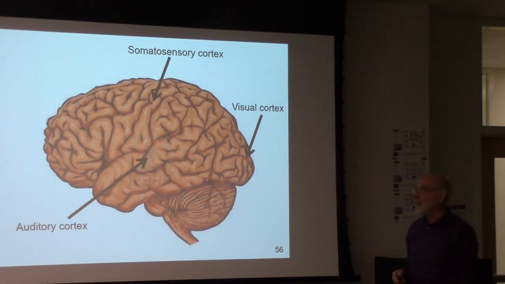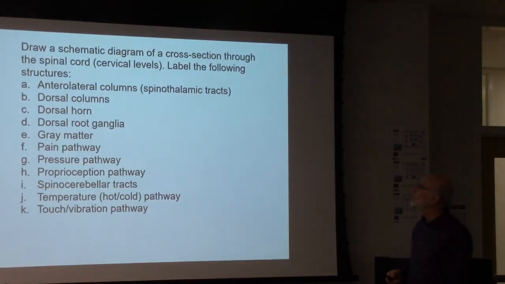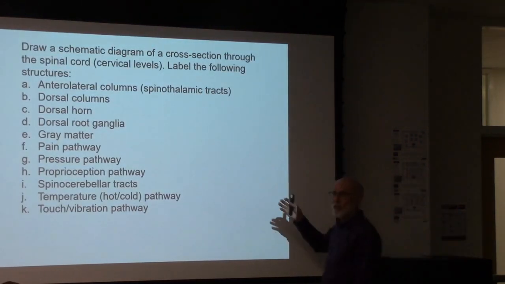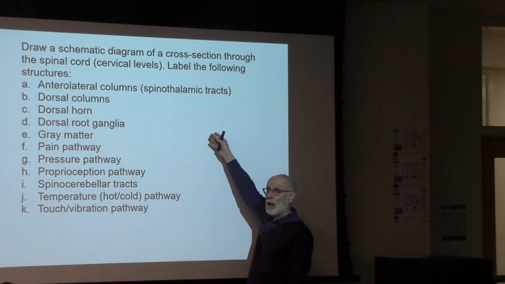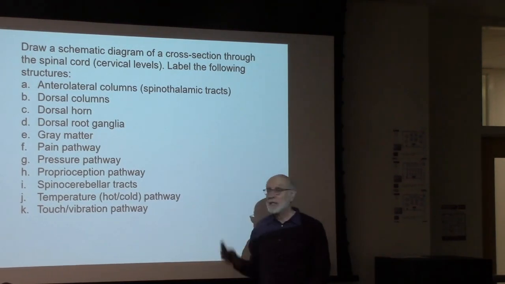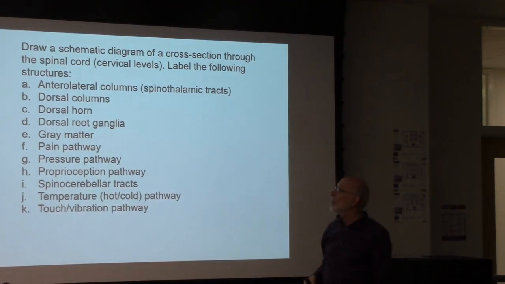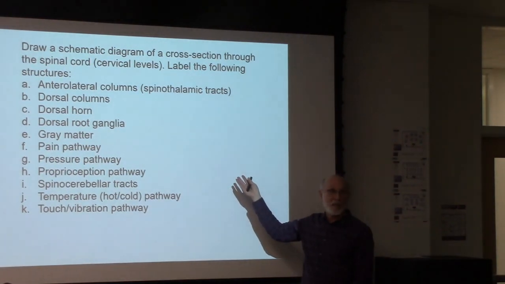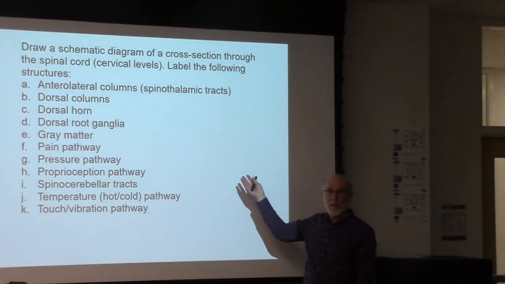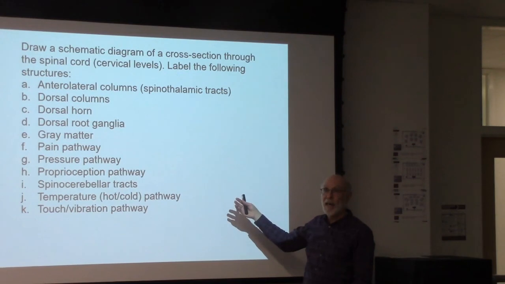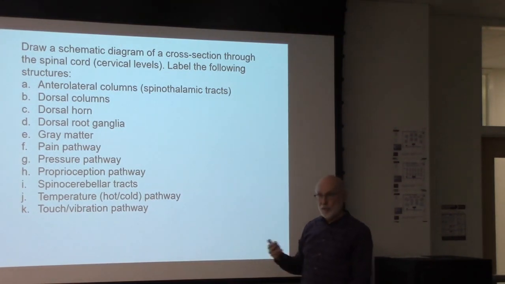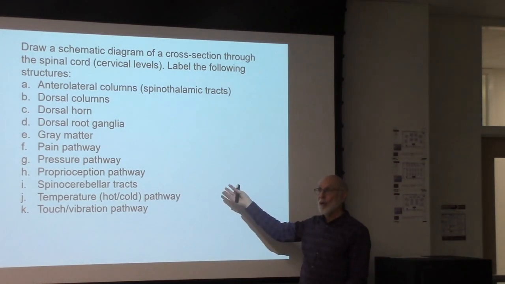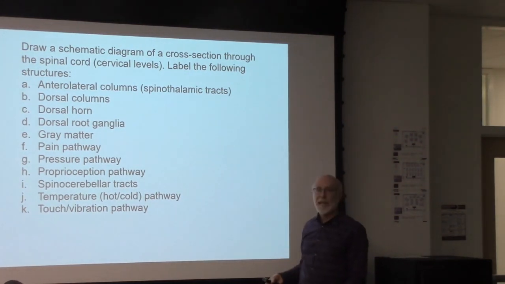I could ask you to draw a schematic of a cross-section of a spinal cord and label it with things like this. We're not going to do this one here because the answer is on the next slide, which I'm not going to show you, but you can do this as homework and then check your answer against the next slide.